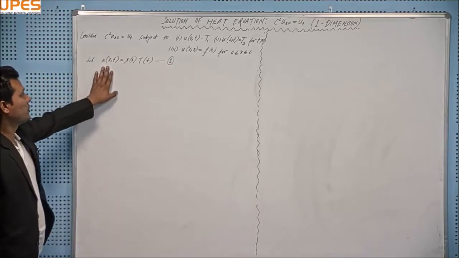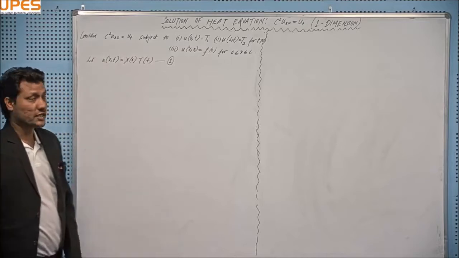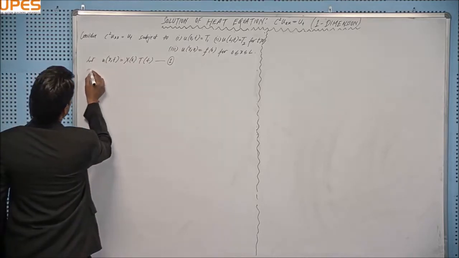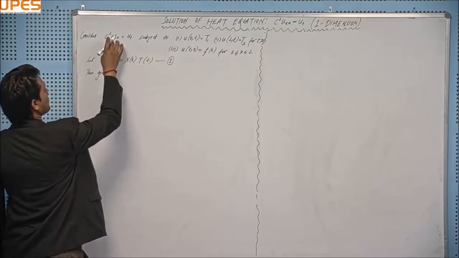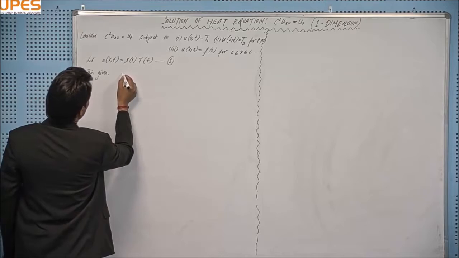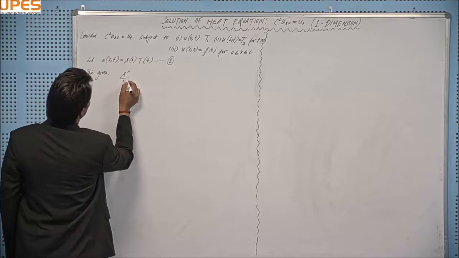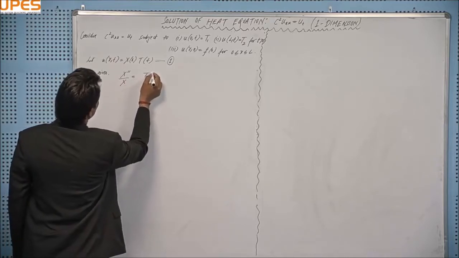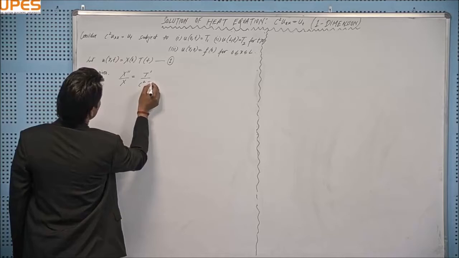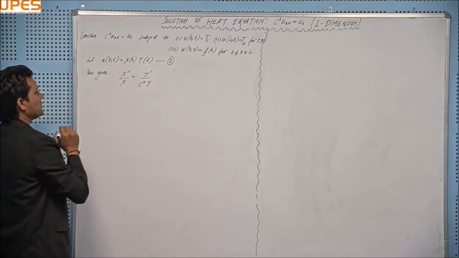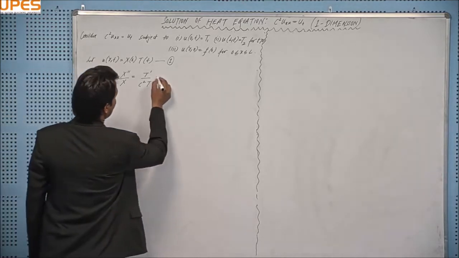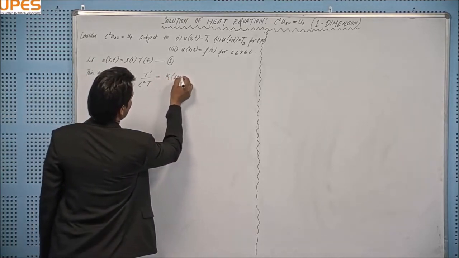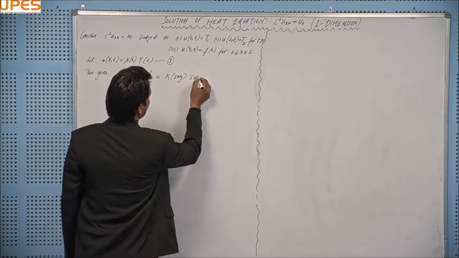Substituting this u in my heat equation, I get X double dash over X equal to T dash over c square T. Since these two ratios are equal, they have to be equal to some constant, let that constant be k, say, and it's called the separation constant.